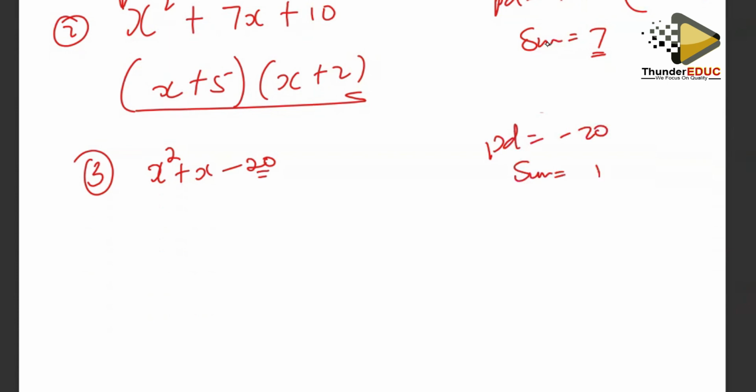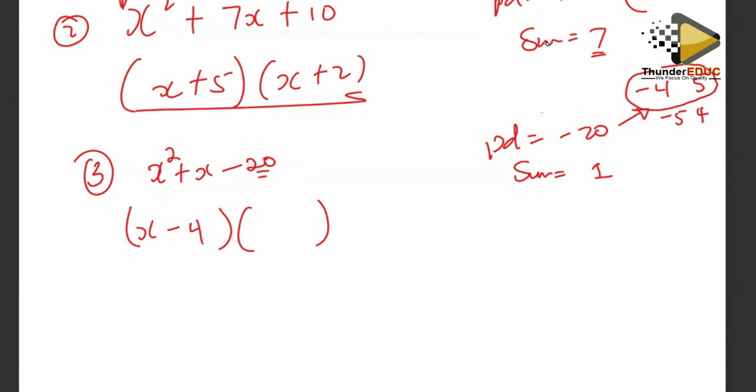Our sum is a positive 1. If a product is negative, it simply means that one number must be positive and the other one must be negative. So the quick one I'm going to go with is negative 4 and 5. We have a negative 5 and 4. So the first option, I think, is going to give me a sum of 1. Then I'll come down and say, this is x with a negative 4, and this is x with a positive 5.